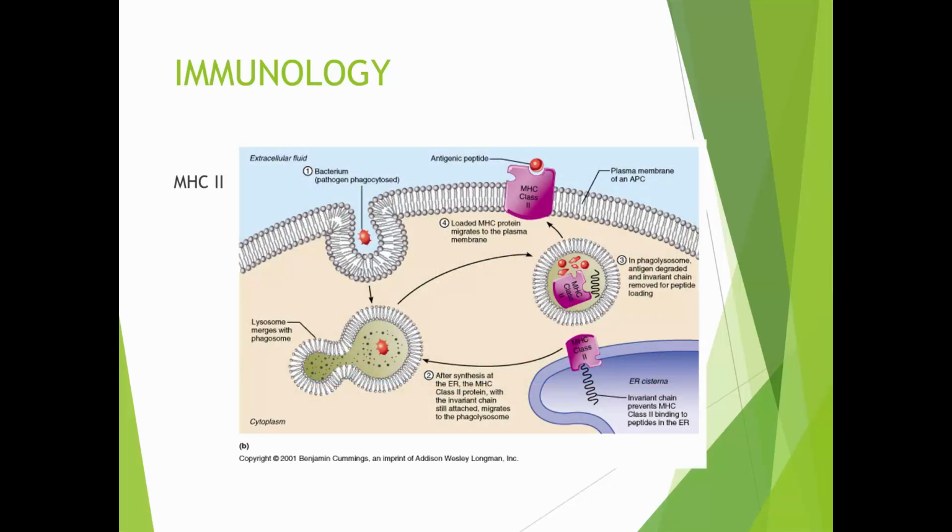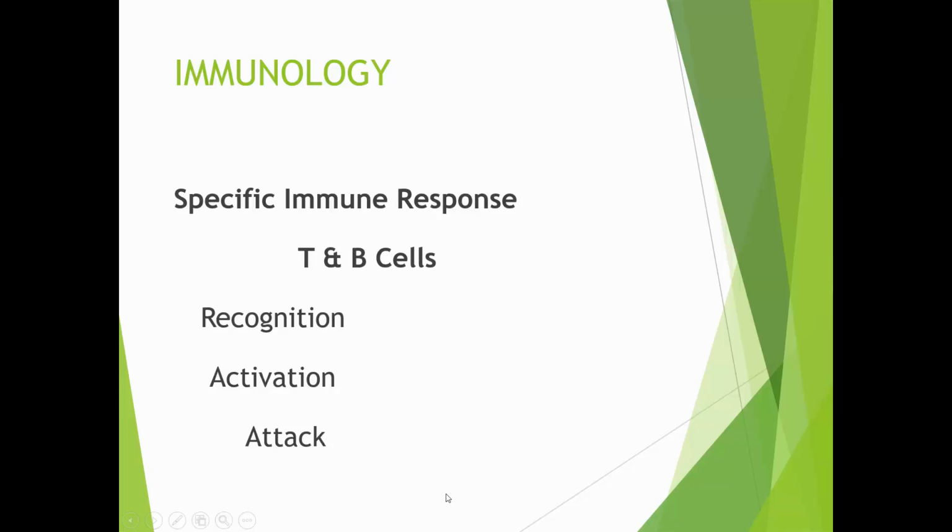And this is the same process that goes on with B cells or macrophages. Now, what we're particularly interested in is the specific immune response with B cells and T cells. They have a process of recognition, activation, and attack.